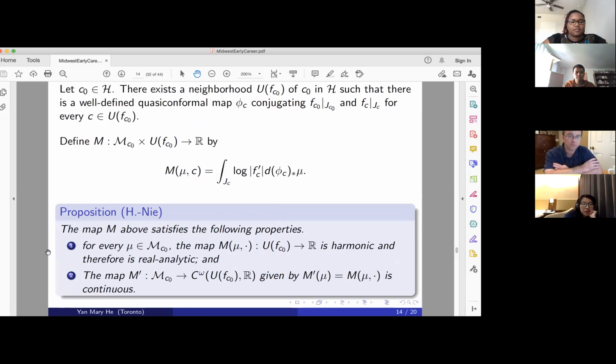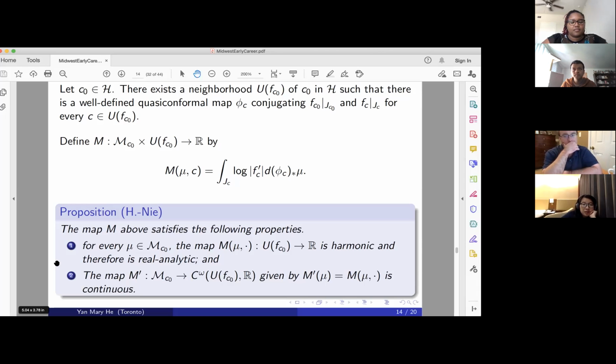And also, if we think about this map M as the induced map M prime, I wrote here, from the space of invariant measures into the analytic maps from this neighborhood U to the real numbers: if I give you a measure, then this M prime spits out a map which is real analytic.